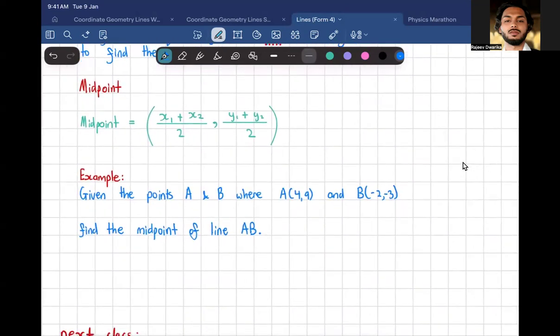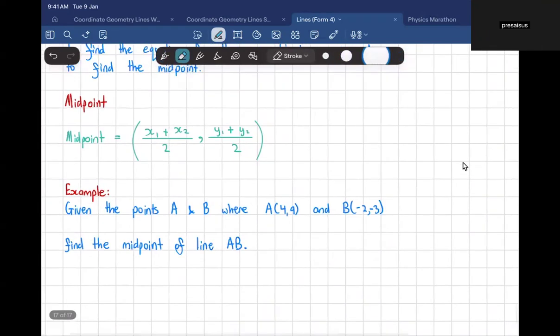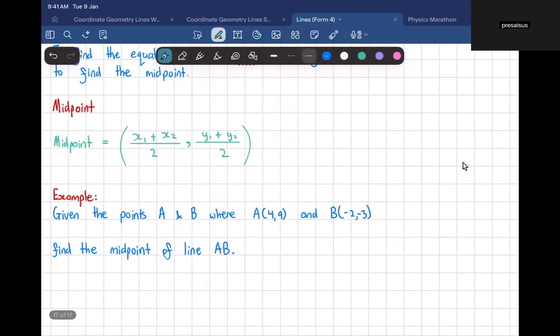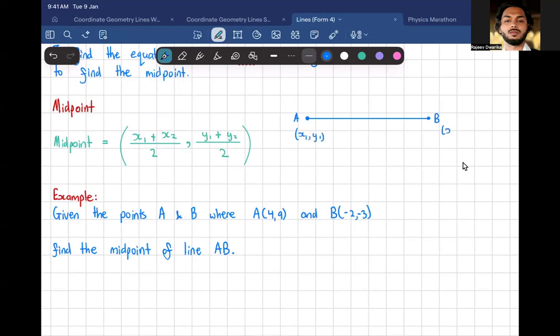Perseus, do you know what I mean by x1 and x2 and y1 and y2? Be honest with me. Is that confusing you? I think so, sir. Okay, that's the formula they would use to find the middle of a line. So let me give you an example, right? Suppose we had this line AB. This coordinate would be x1, y1, and this coordinate would be x2, y2.